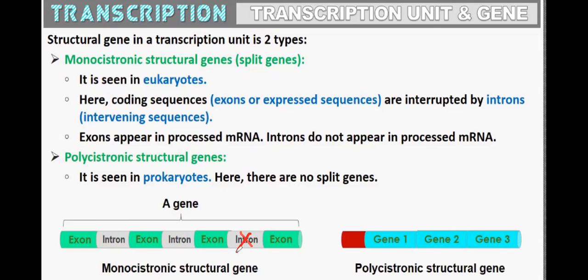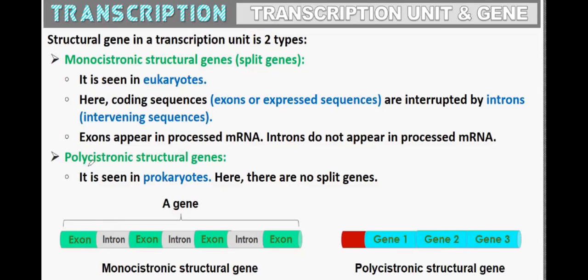That is the splicing. So only exons will be there. Sometimes a question will be asked, what will be there in the newly synthesized messenger RNA? Both exon and intron. And what will be there in processed messenger RNA? Only exons.